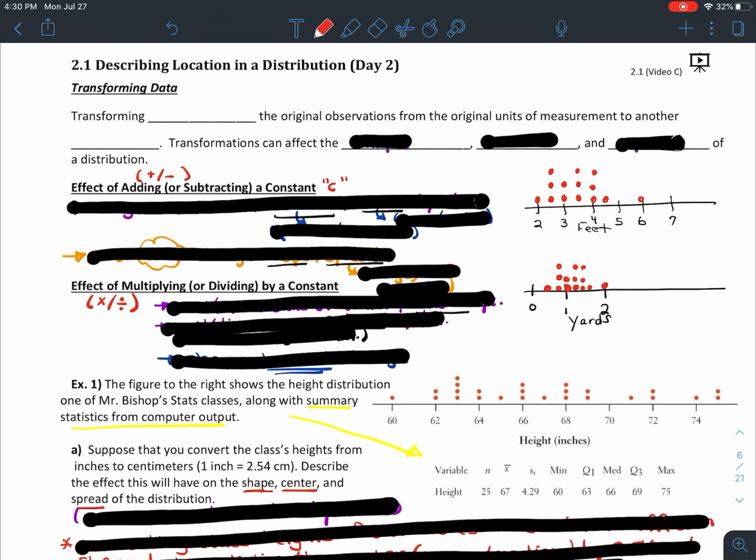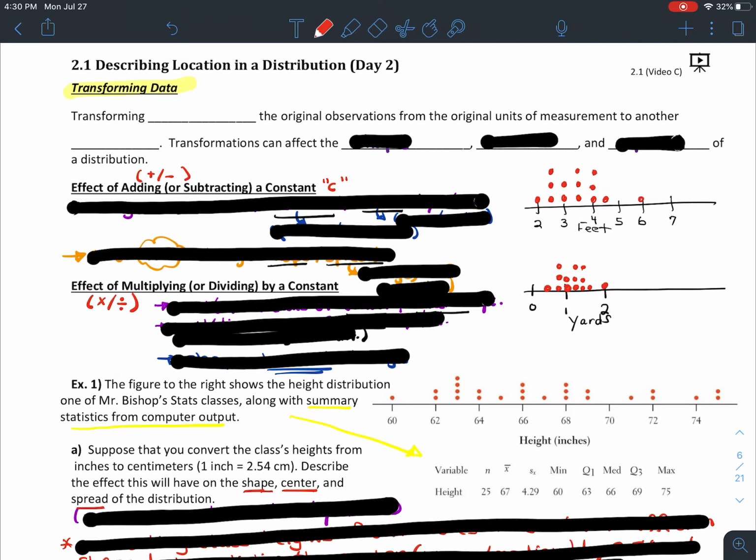So you might have a set of data, and maybe the measurements that you collected that data in were, say, in feet, and for some reason you're wanting to convert all of those observations into yards, and so you're needing to perform some operation on all the pieces of data. Okay, whether you're going to add a number to everything, subtract it, multiply, or divide it.